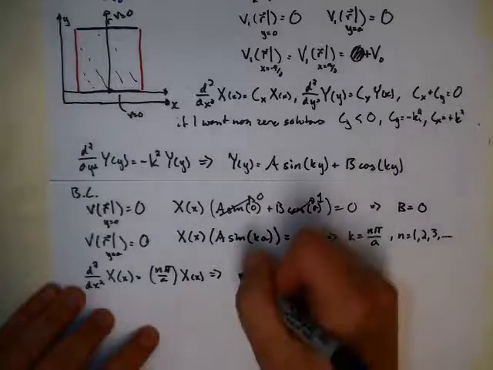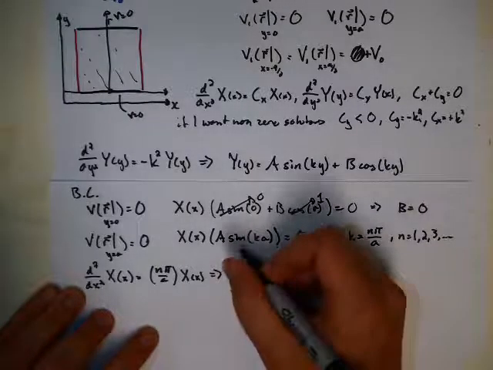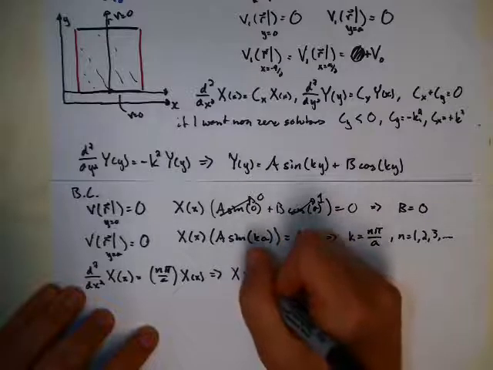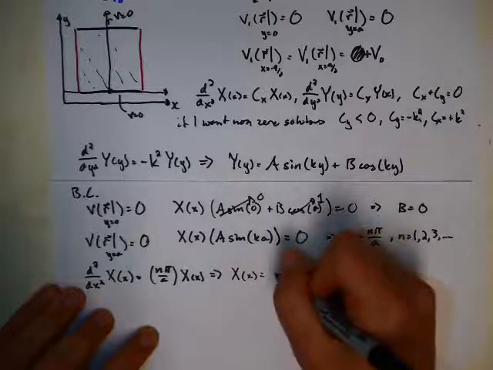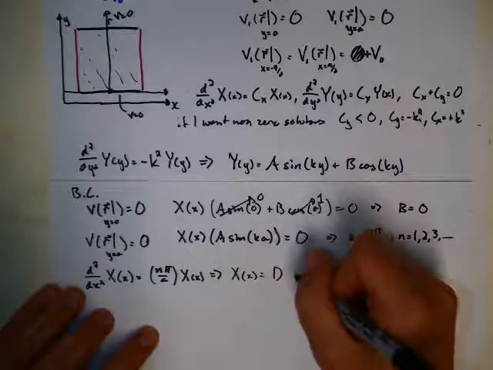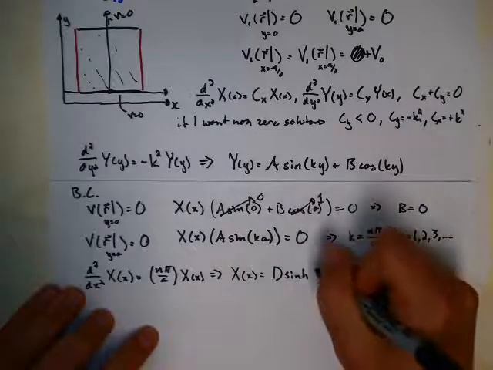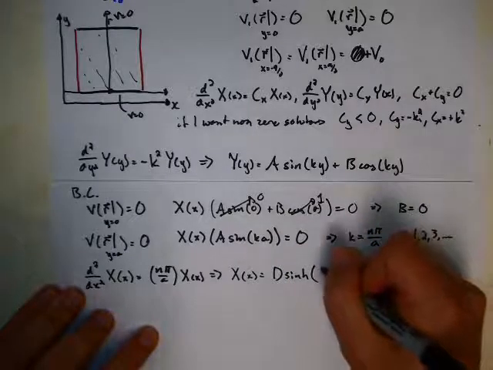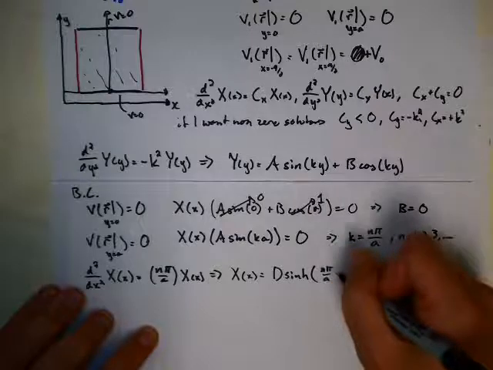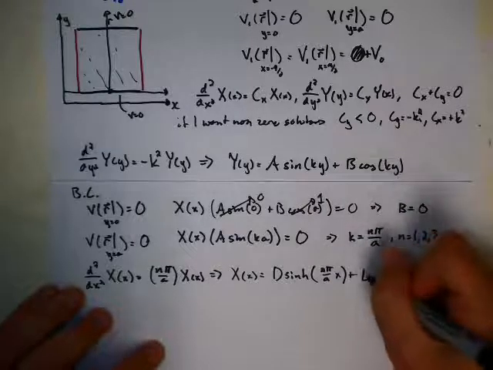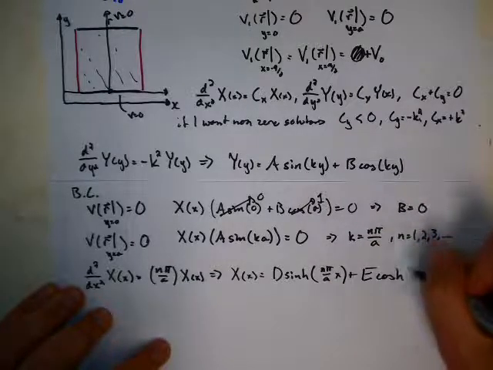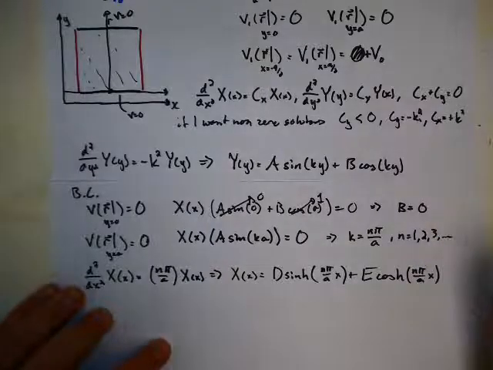So I'm just going to write those down from the start. X will be d sinh of n pi over a x plus e cosh of n pi over a x.